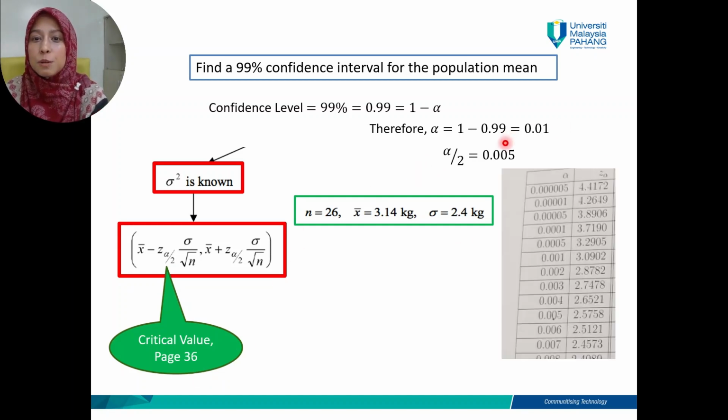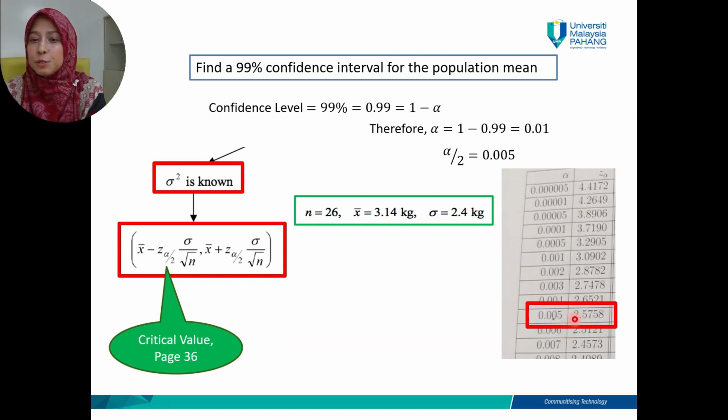So this is a screenshot. I took a photo of that page, a small proportion of it. At this column here, you need to find the value 0.005. That will be your critical value. So where is it? It's here.